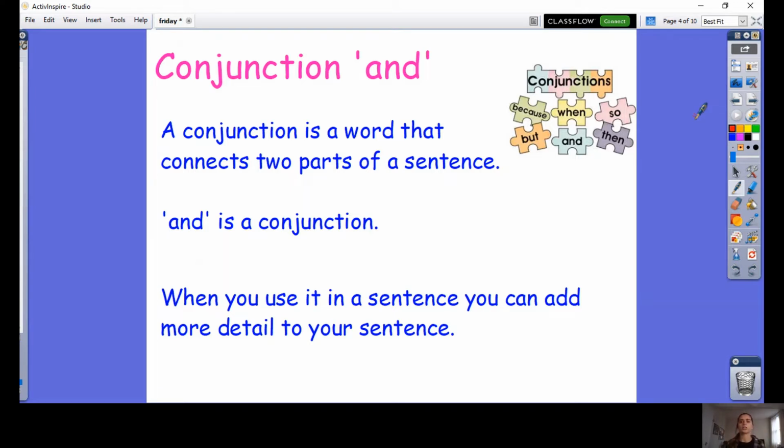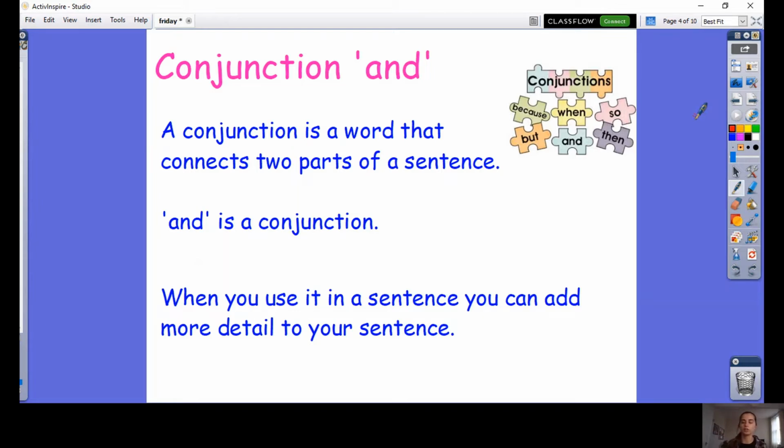Our conjunction we're focusing on today is and, but there are other conjunctions we can use, like but, because, when, so, then. And when you use these conjunctions in a sentence, they let you add more detail. If you want to describe something a bit more, if you wanted to explain, or there was something else you wanted to say, you can put a conjunction in the middle and then you can add more.